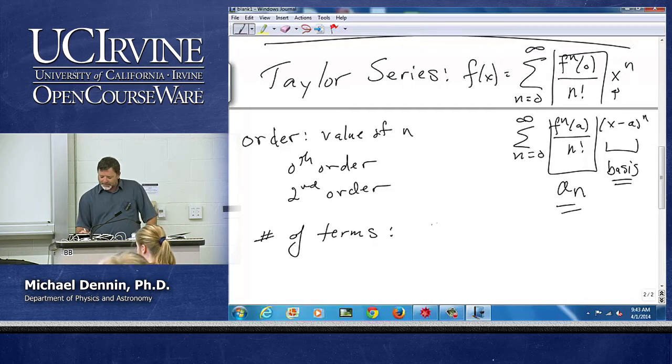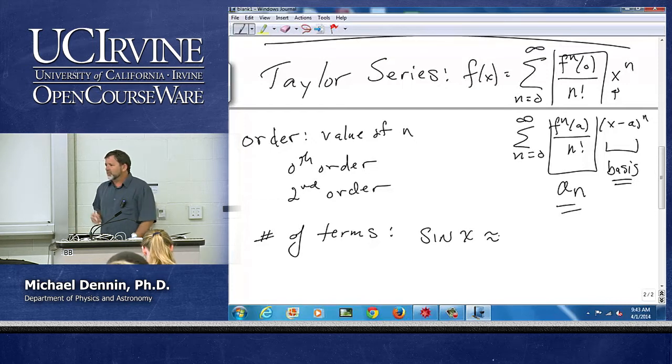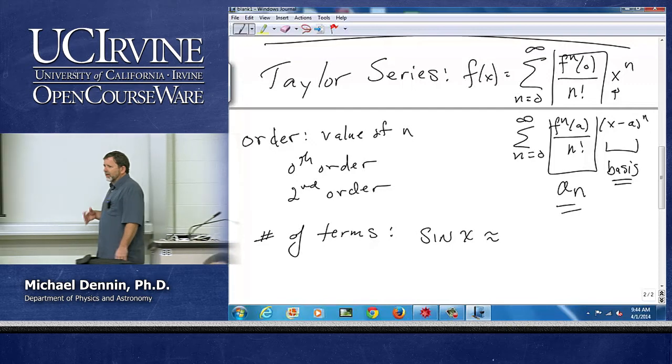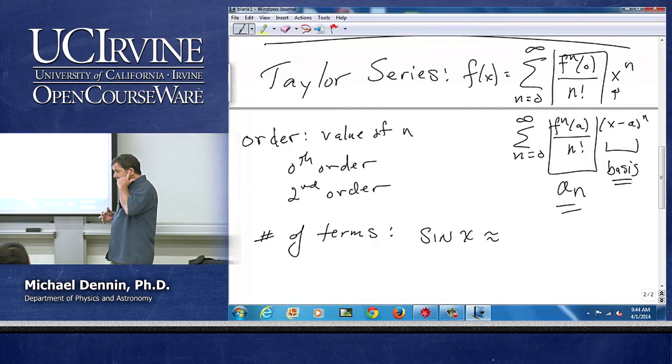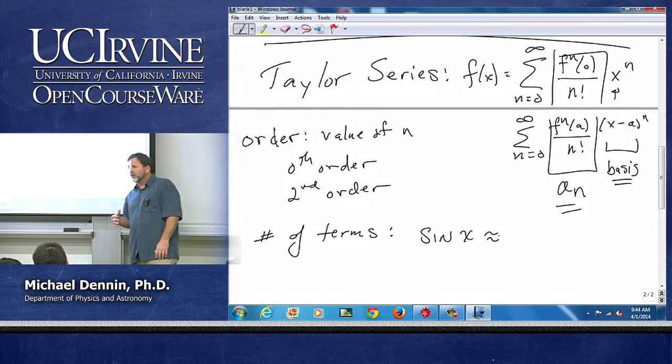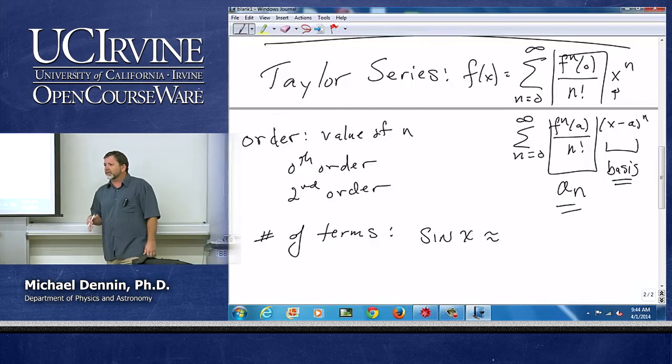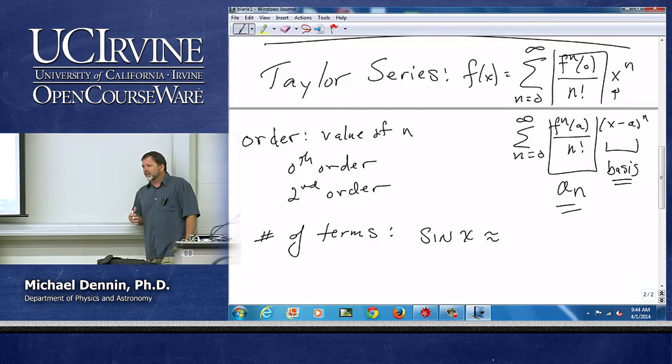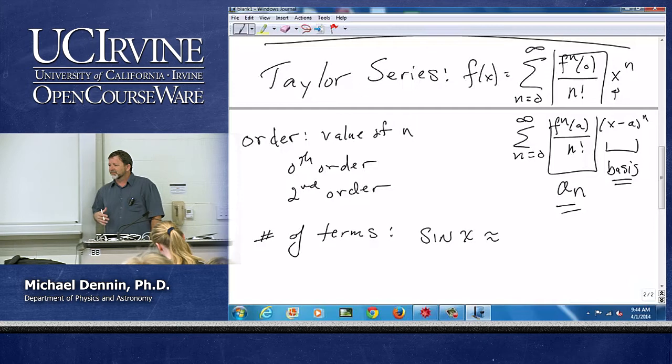So if I look at sine of x, what are the first two terms in the expansion of sine of x about a equals 0? If you're doing a Taylor series of sine of x, your first two terms are, you should know this.